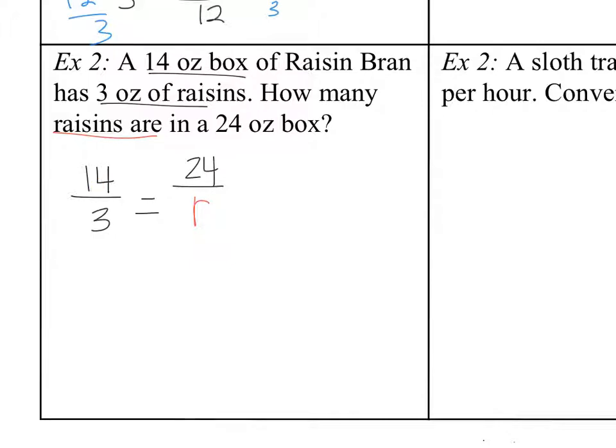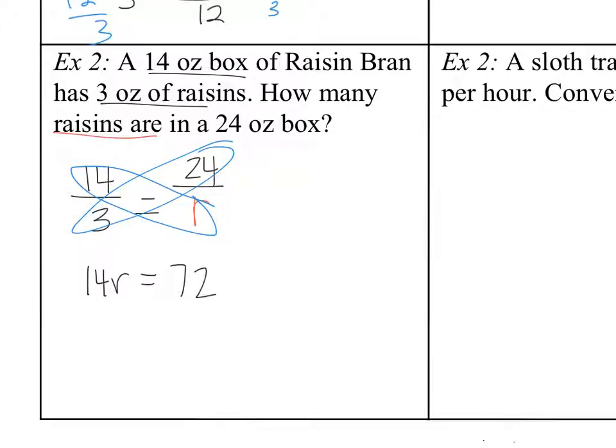So on the top I have ounces of cereal. Now to solve for r, I'm going to cross multiply. So I'm going to do 14 times r equals 3 times 24, which is 72. So I divide both sides by 14, and I get a long decimal, 5.142857, 142857.